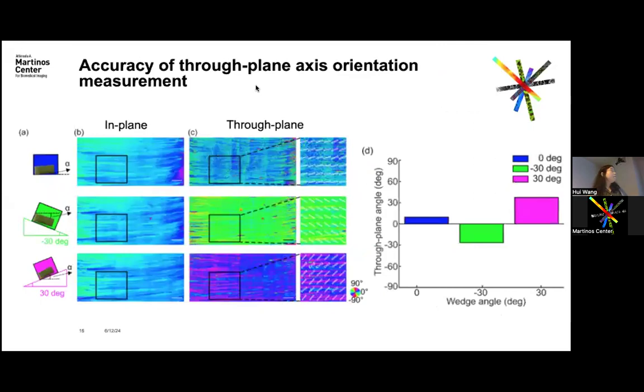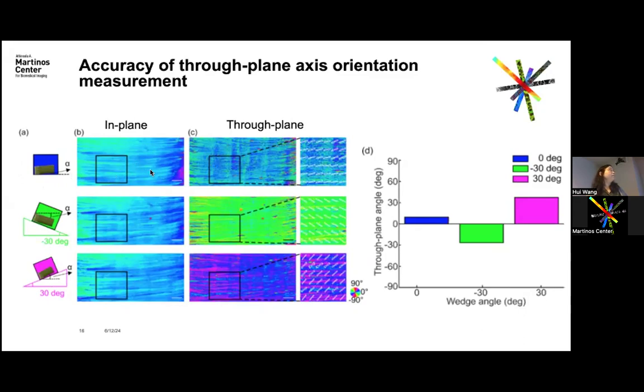With the method, we did a calibration of how accurate and how reliable it is. First, we have a corpus callosum sample manufactured in a way that we can control the through-plane angles very nicely. We put a 30-degree wedge across, so that we can make the through-plane angle plus or minus 30 degrees from the original.